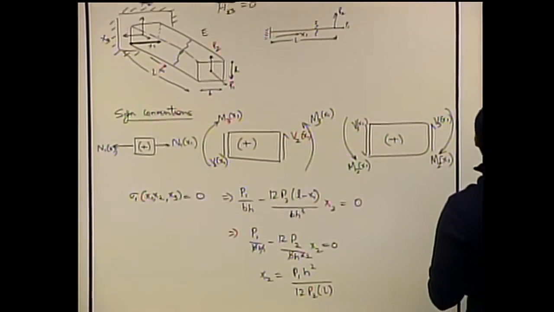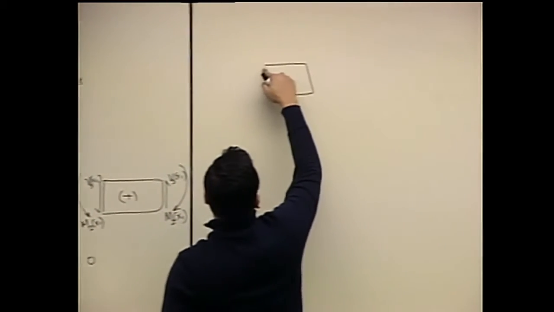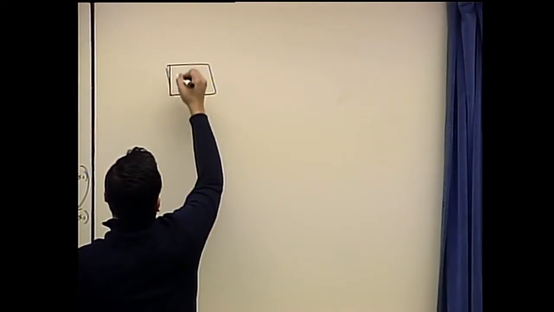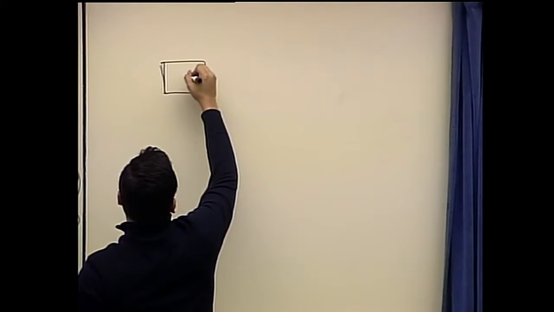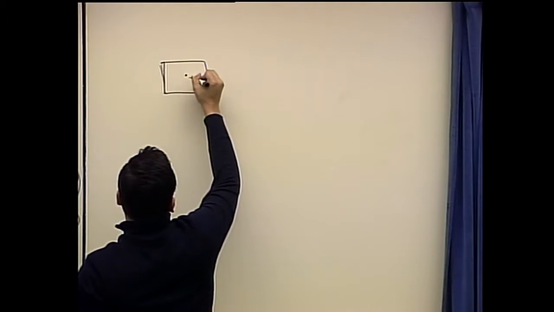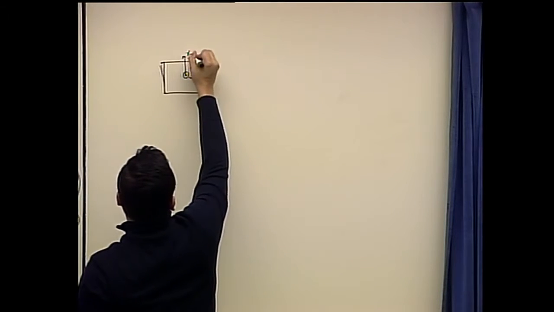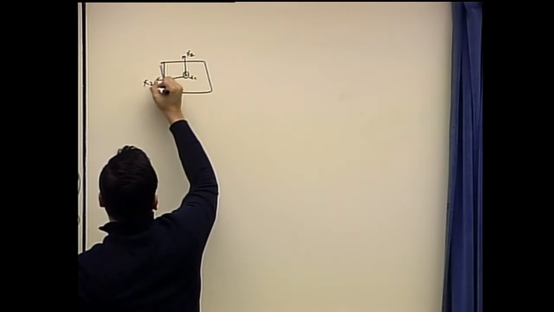So it means if I have this as my cross section, and my centroid is here, I have x1, x2 and x3.